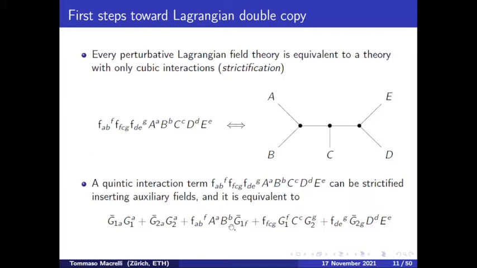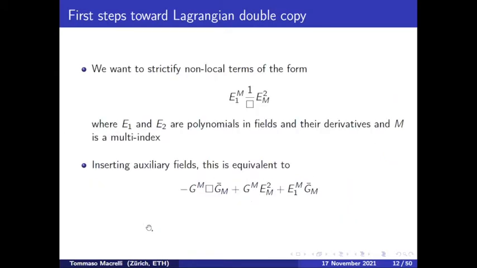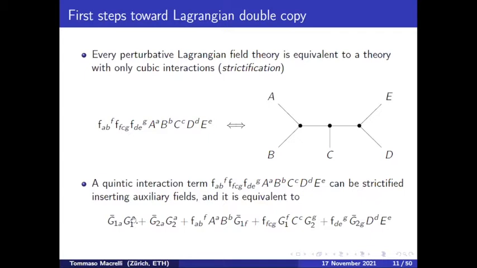When we consider the last expression of the slide, where I have introduced a couple of auxiliary fields, and when we integrate out the auxiliary fields, they are just algebraic auxiliary fields. So when we solve the equation of motion of the auxiliary fields, we see that this cubic expression recovers the original quintic one. And this is something that can be done for every polynomial term that appears in the action.